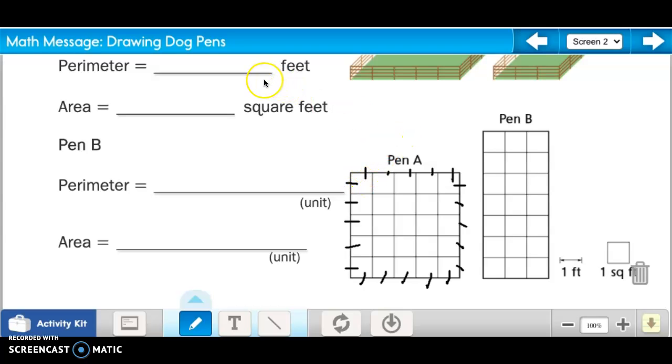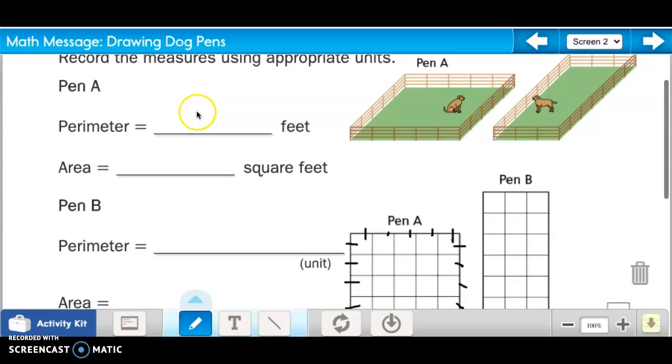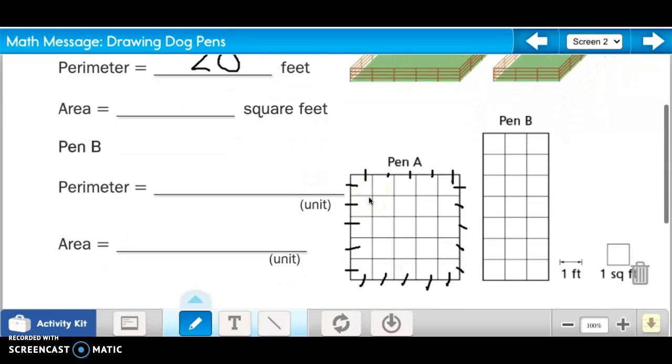Now, I'm going to write that down for my perimeter right here, 20 feet. As you can see, there are 5 on this side, which means there are 5 on this side. There are 5 on this side and 5 on this side. So if you add those up, 5, 10, 15, 20 feet.